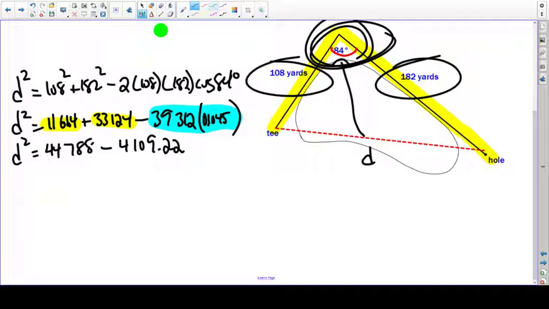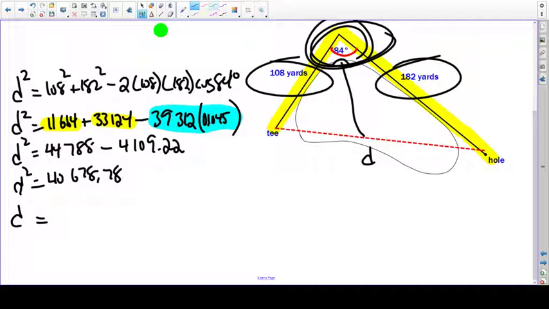And when we do that, we are going to get 40,678.78. And then we're taking the square root and we're figuring, oopsies, don't need the squared there if I'm taking the square root. So let's fix that up.